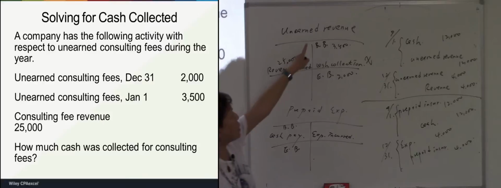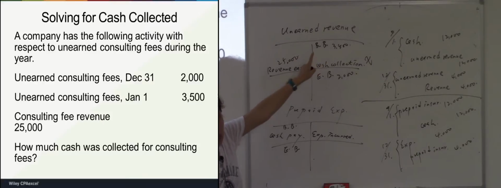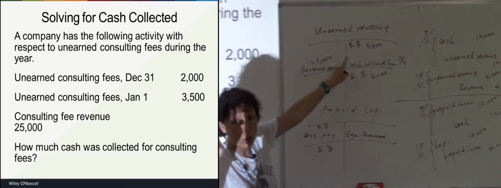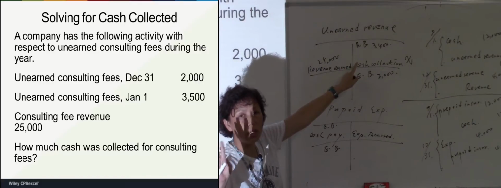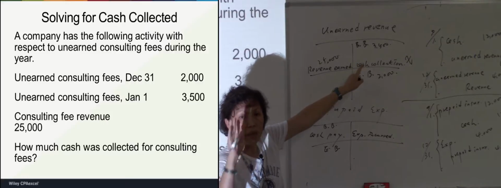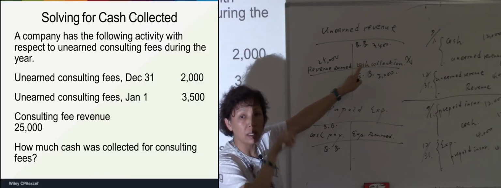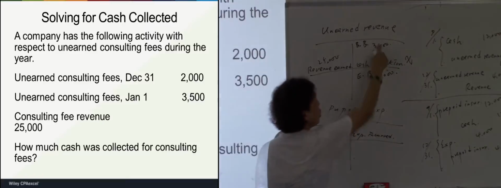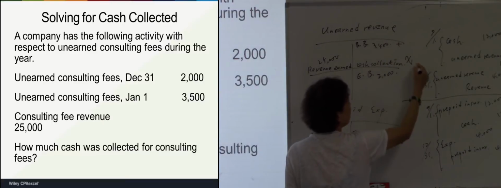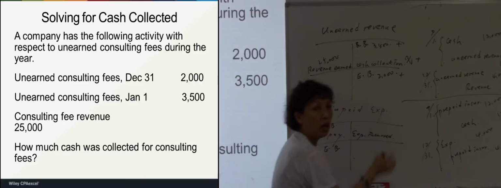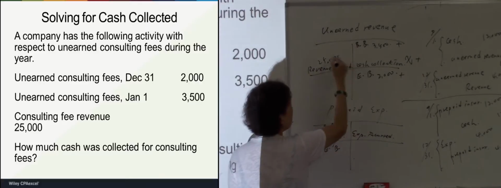Because unearned revenue is a liability account, the normal side for a liability account is credit, which means whatever amount shown in credit is positive, and whatever amount shown in debit is negative. So all the three amounts shown in credit side should be positive, and the amount shown in debit side is negative.